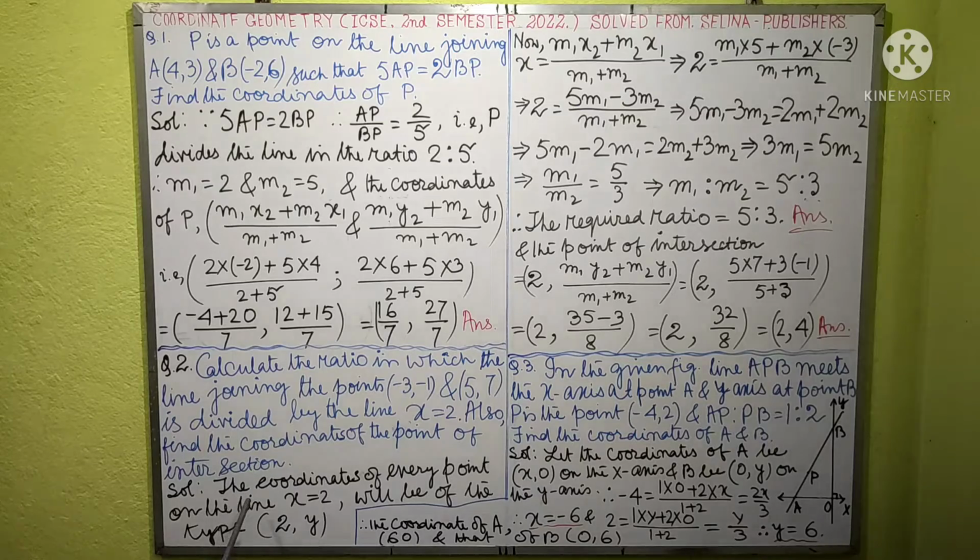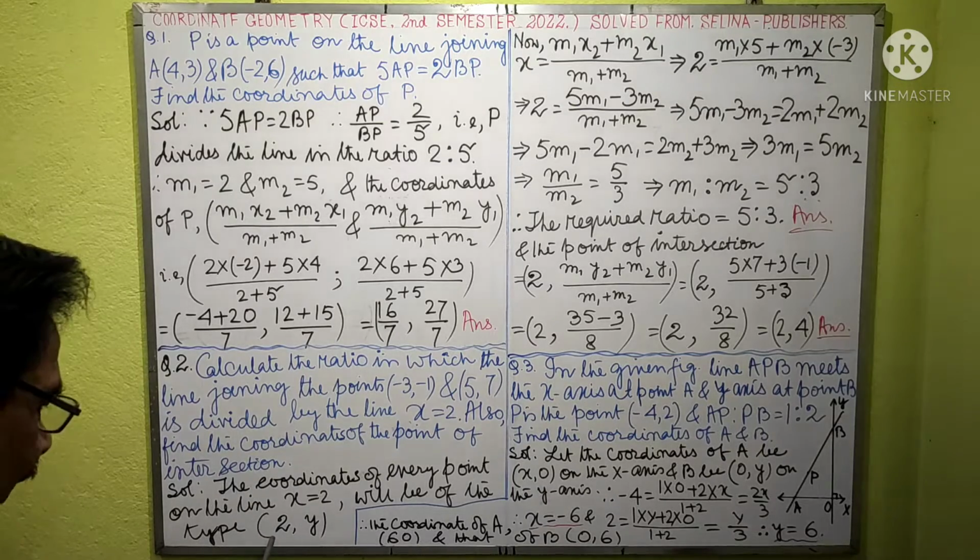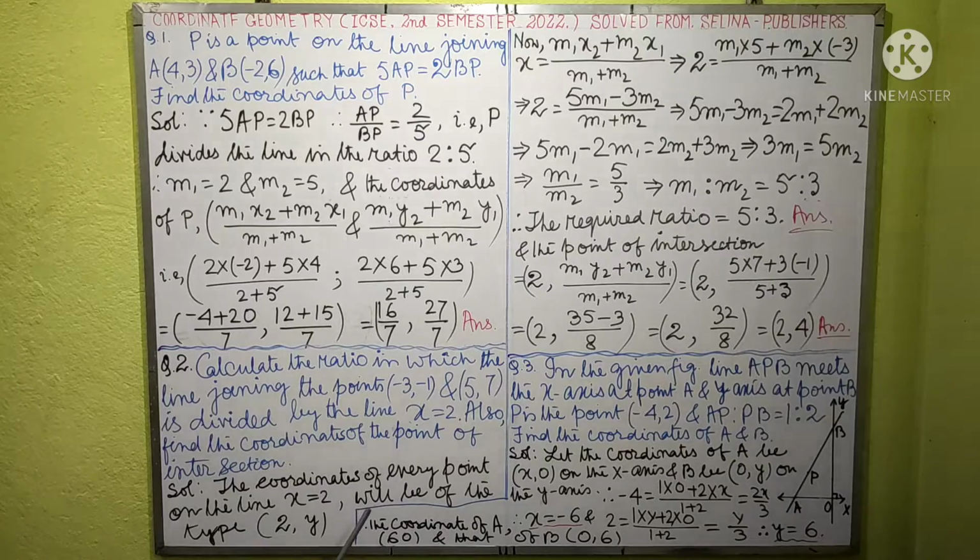At first we will find the ratio. The coordinates of every point on the line x equals 2 will be of the type (2, y). The value of x will be 2 and the value of y will be different.